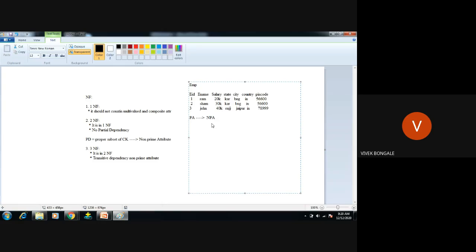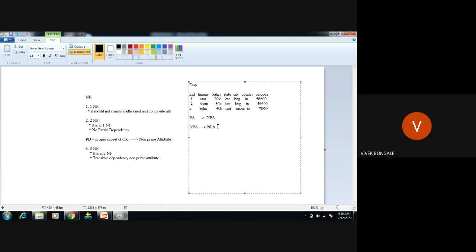This is valid. But sometimes in a table the functional dependency will be between non-prime attributes. For example, here with the help of pin code I can find the state, city, and country. This non-prime attribute is determining non-prime attributes only, so that is not valid on the given table.